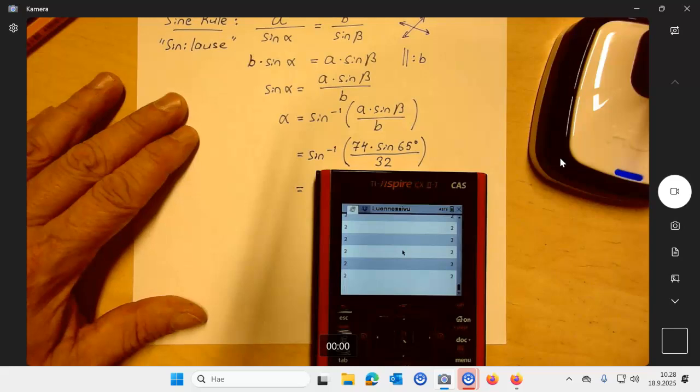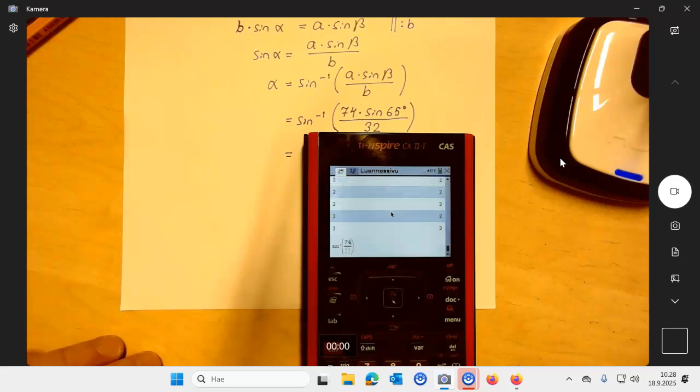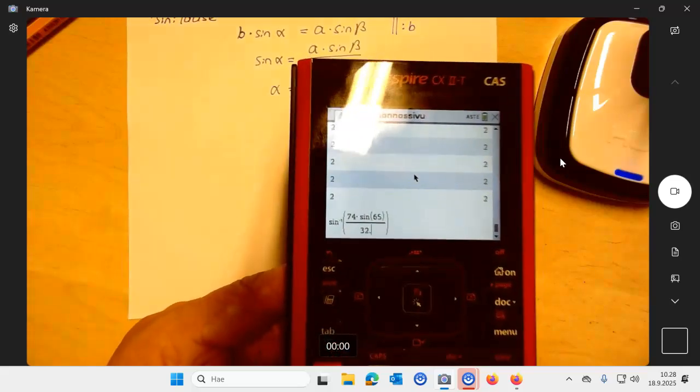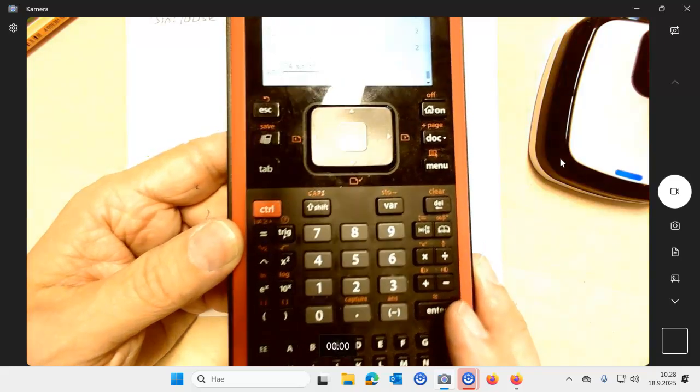So let's calculate that. And everything looks great now, but now I put the enter, and now our problems start.